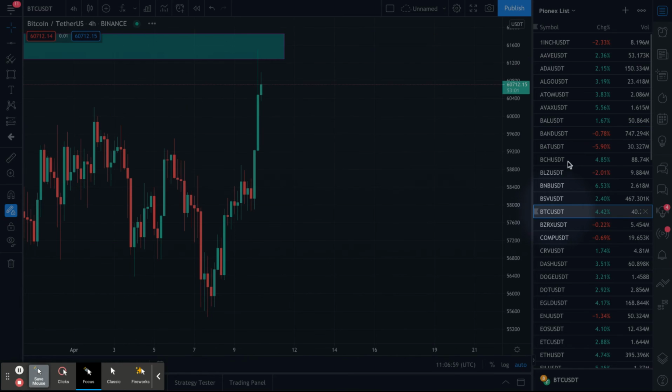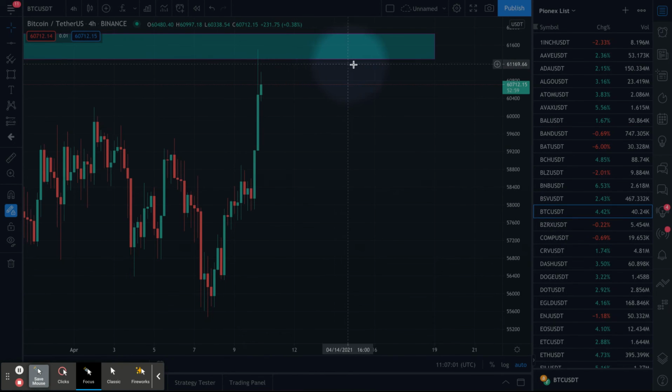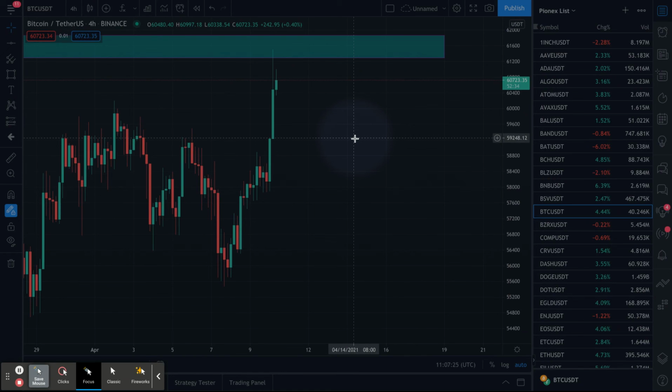So if I go back to Bitcoin and I'm like, oh, I'm definitely going to short it, I'd put an alert right here. Boom. And as soon as it hit this area, then I would go short. I would have that bot trigger, and I would go to my phone and I would click start or create bot.